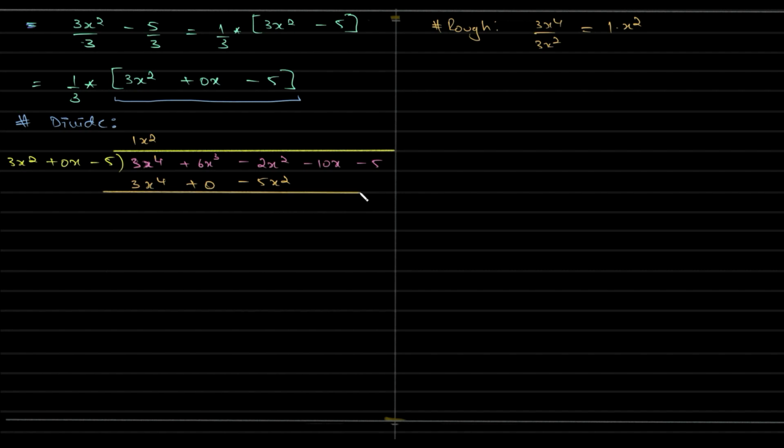Draw a line and then change the sign, so we have minus plus. 0 is 0, so no need to bother. Then we have 6x cube. These are like terms, and plus 5 minus 2 will give me plus 3x square minus 10x. Then take 6x cube and 3x square.